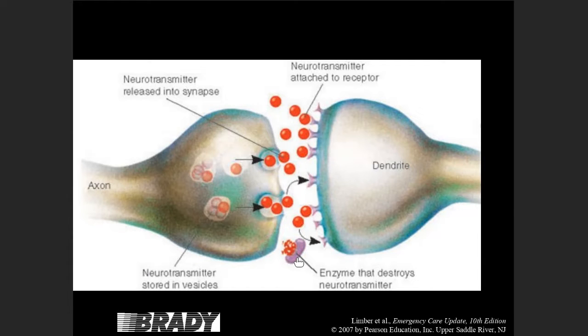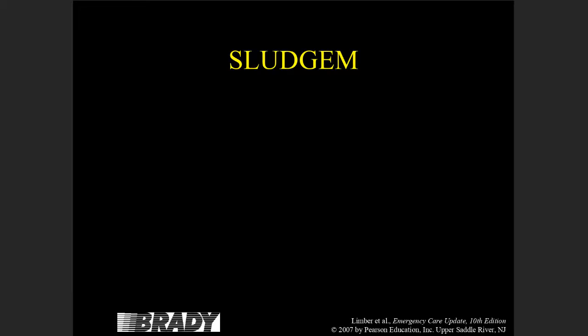Now, what many of these nerve agents, like sarin, tabun, VX, do is they destroy the acetylcholinesterase. So now you have nothing inhibiting the overflow or the flooding of acetylcholine from one nerve to the other. And that's how you wind up getting this syndrome of what's called a cholinergic crisis or cholinergic poisoning.